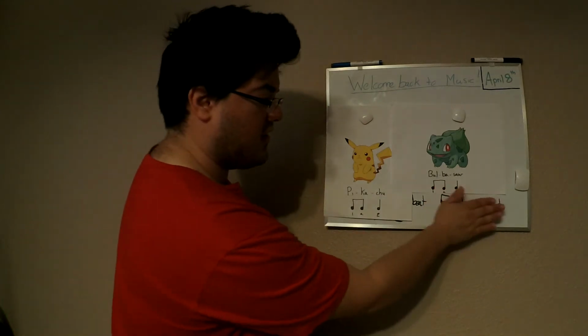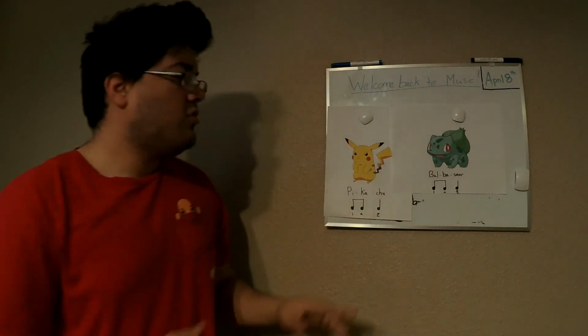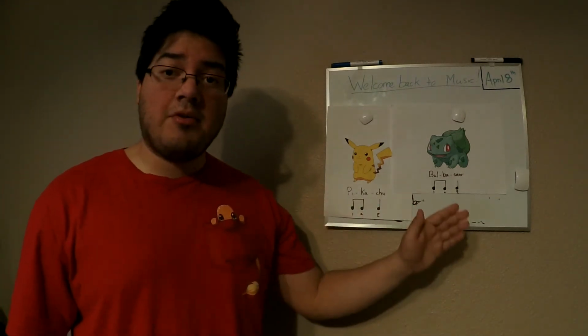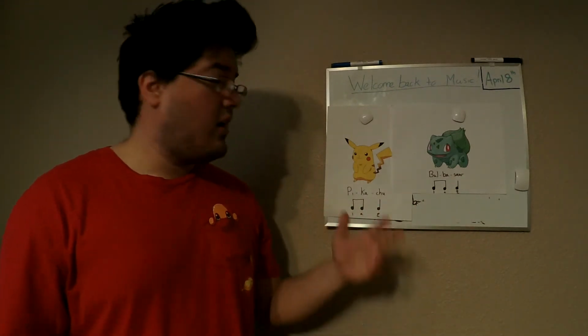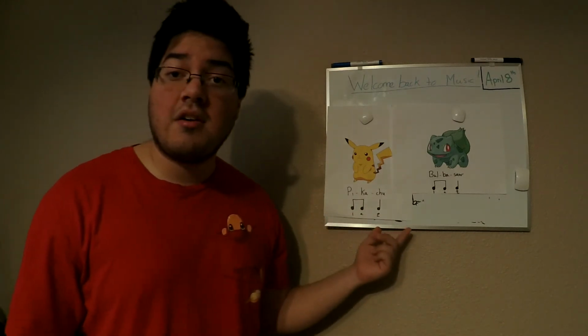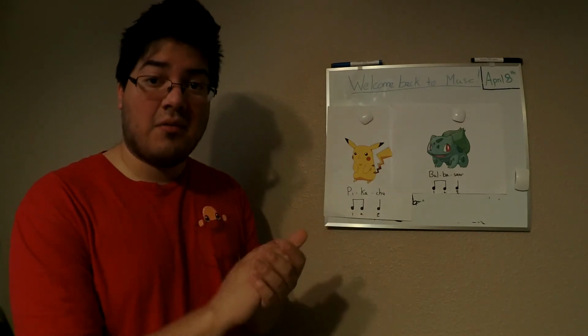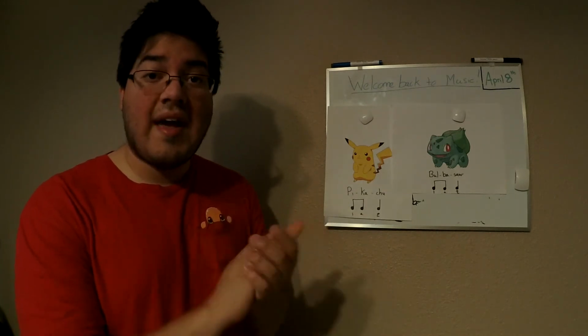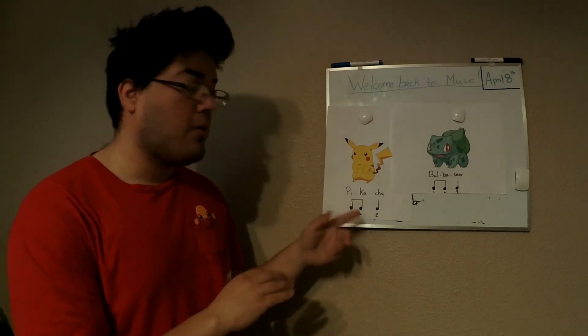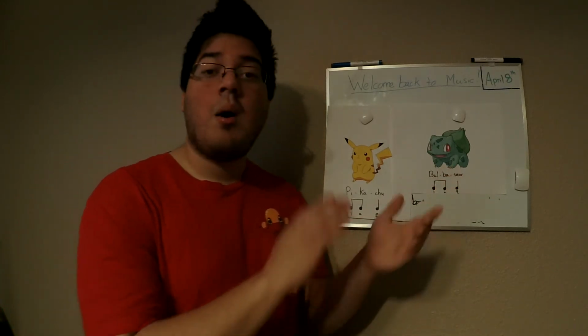You'll notice that both Pikachu and Bulbasaur have a similar rhythm to their names, right? They both have two eighth notes and then a quarter note. 1 and 2, 1 and 2. So likewise, we go Pikachu, Pikachu, and then Bulbasaur, Bulbasaur.